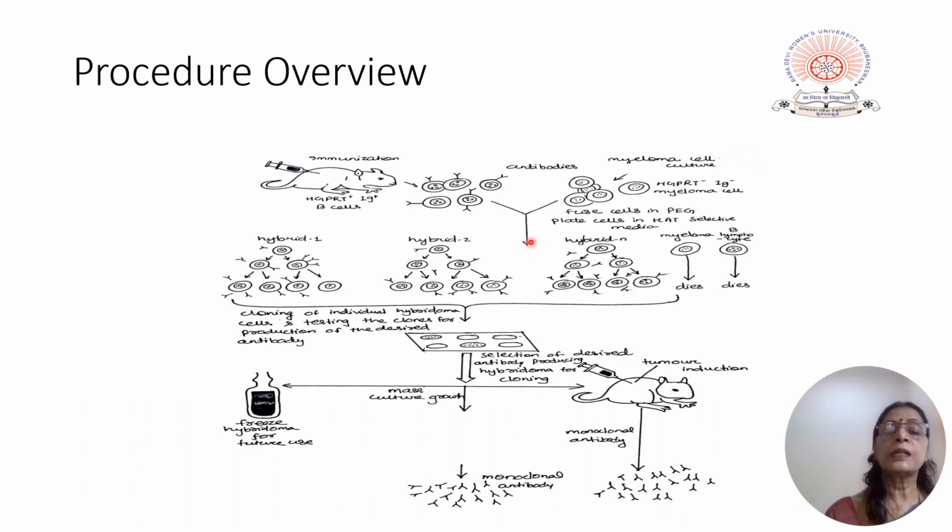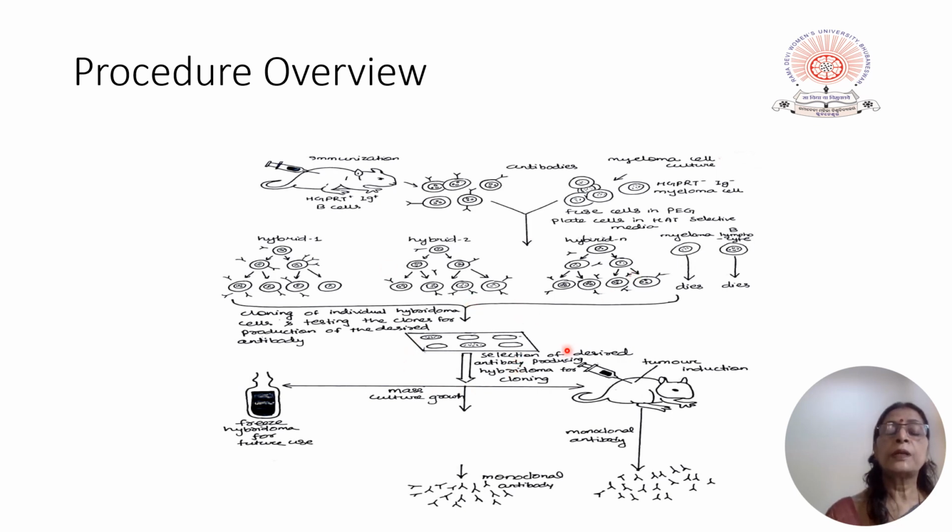Now the hybrid cells are grown in HAT medium, a selective medium that contains three chemicals: hypoxanthine, aminopterin and thymidine. In this HAT medium, the B cells will die, myeloma cells will die, and only the hybrid cells will survive. The hybrid cells are further screened to get the desired hybrid cell.